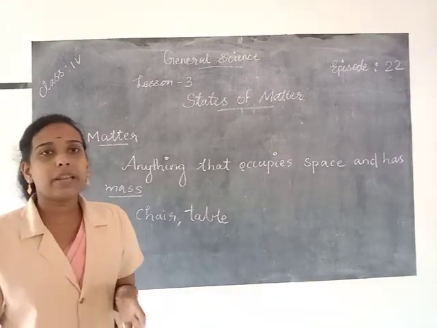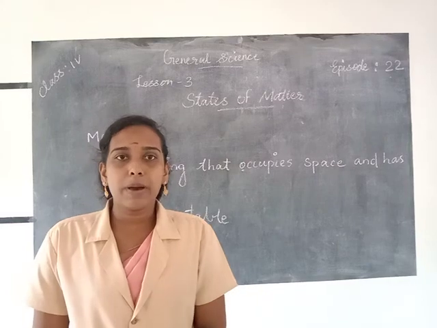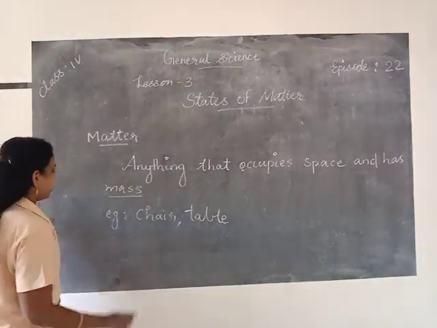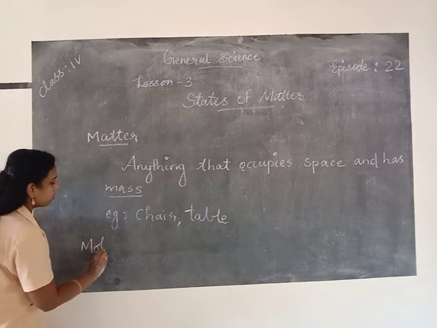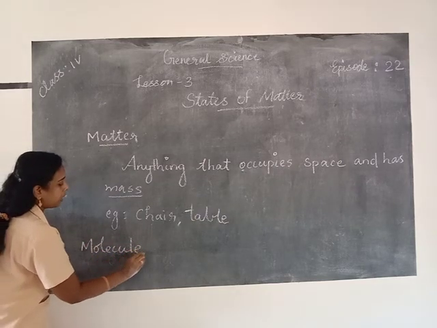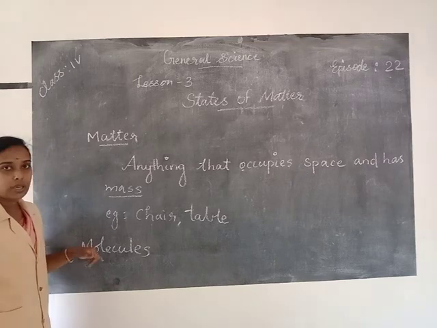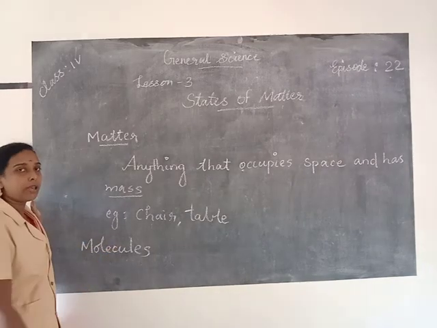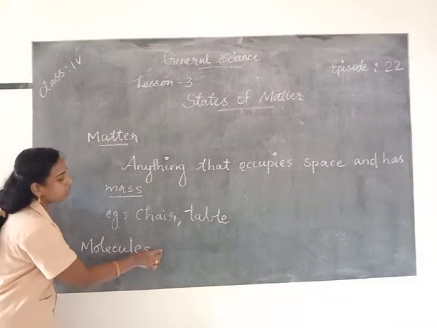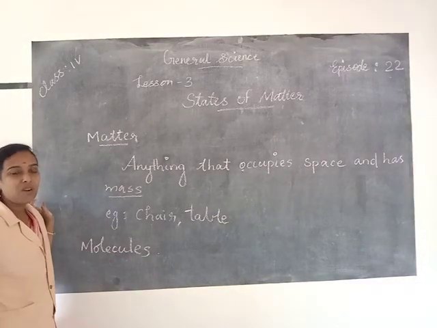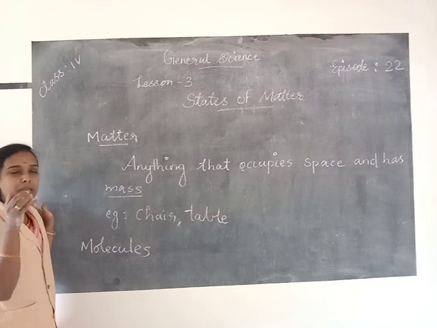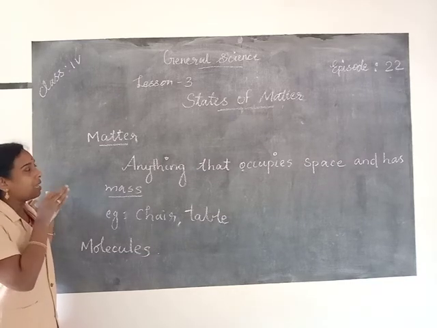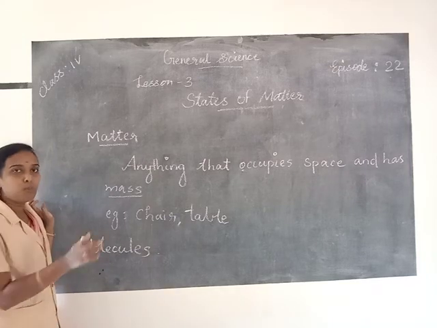So matter is made up of very small particles called molecules. Molecules are invisible particles, M-O-L-E-C-U-L-E-S. So what do you mean by molecules? Matter is made up of very tiny particles, tiny means very small, and they are invisible, and the invisible particles are called molecules.